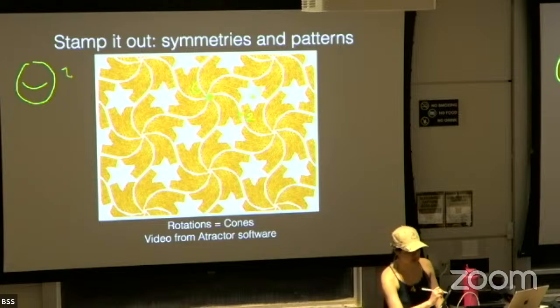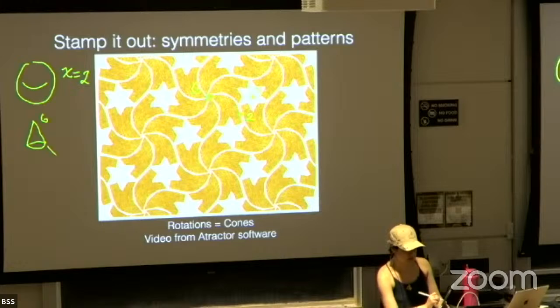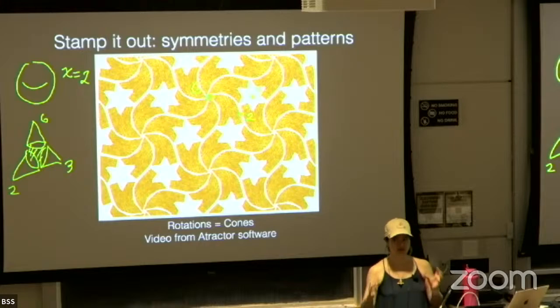So we start out with chi equals 2. And then for each of the cone points, I've got one cone that has a 6-fold rotation, one cone that has a 3-fold rotation, and one cone that has a 2-fold rotation, and then we'll join those up in the middle to create our samosa structure.